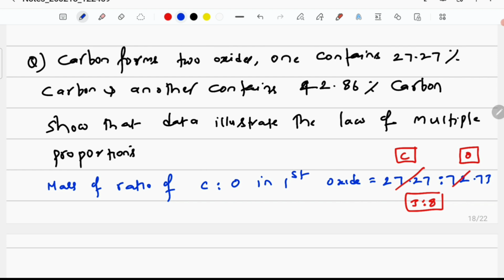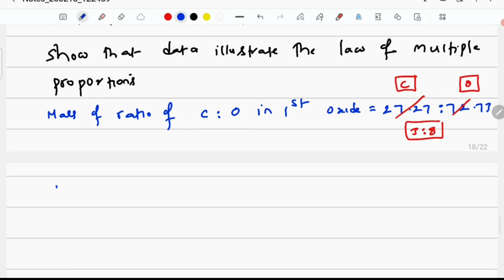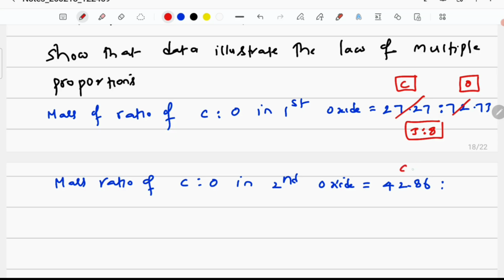And now if I take another compound, another oxide, the mass ratio of carbon to oxygen in the second oxide: carbon is 42.86. How do you get oxygen? Overall 100 minus 42.86 will give the oxygen amount, which is 57.14. If we simplify this, here you will get 3:4.